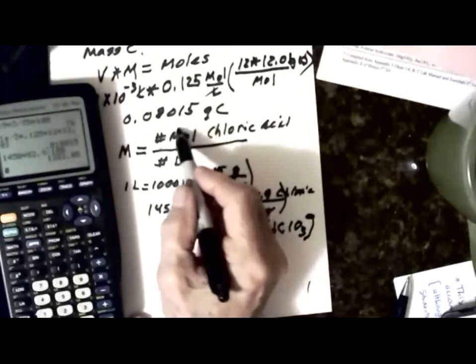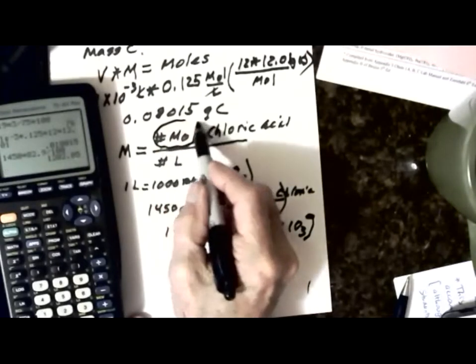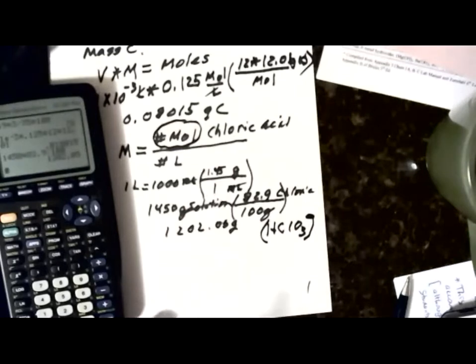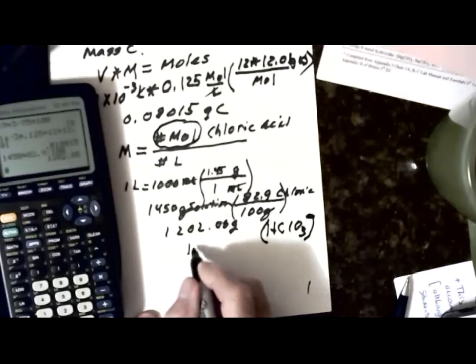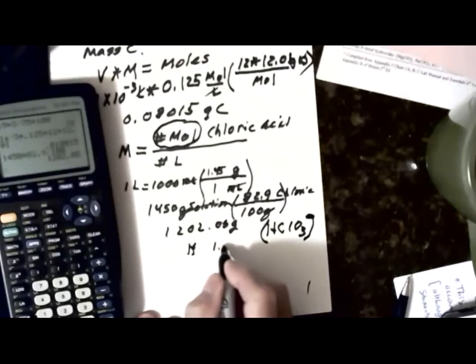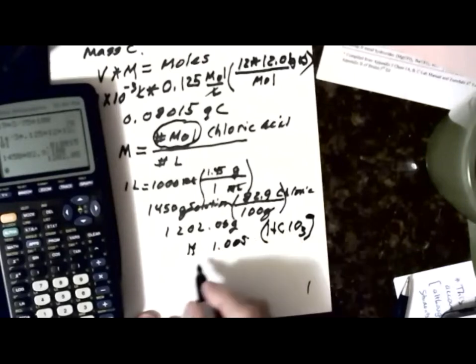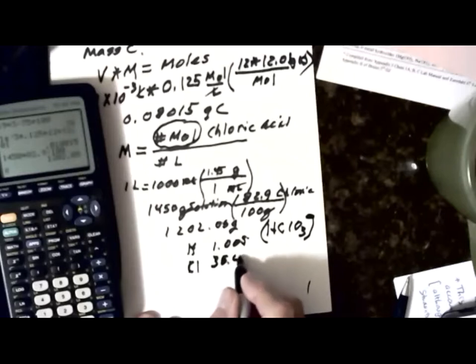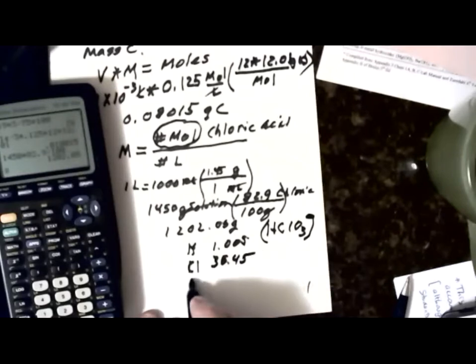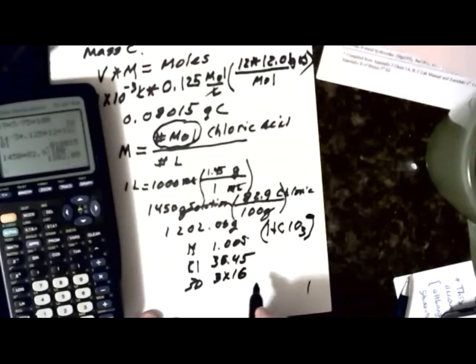Now, to get my number up here, I want the number of moles. So I've got to take this mass and divide by the formula weight. It's got 1 hydrogen. It's got 1 chlorine, 35.45. And it's got 3 oxygens, 3 times 16.